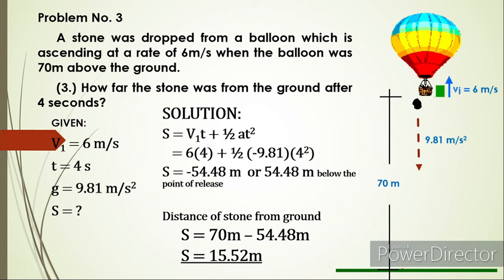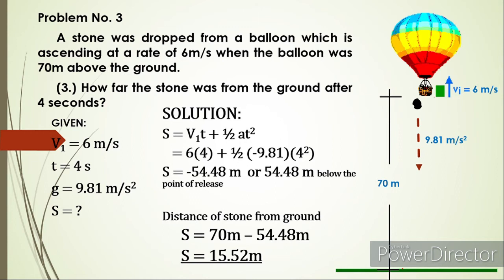Substituting all the values, S is equal to negative 54.48 meters, or 54.48 meters below the point of release. Since the question is how far was the stone from the ground after 4 seconds, so from the ground, hindi yung tinatanong ay from the point of release.